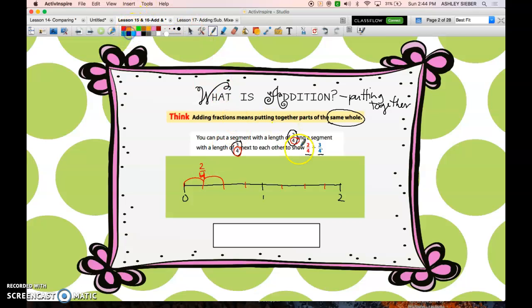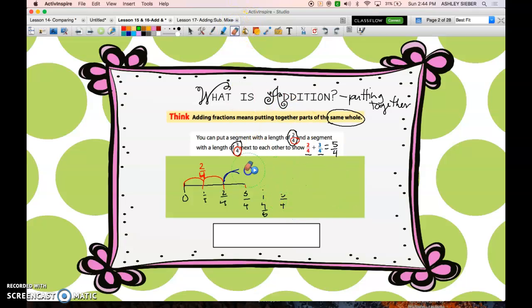Then I'm going to jump 3/4. 1, 2, 3/4. This part represents 3/4. So 2/4 and 3/4 all together, I can just count my fractional parts. This is 1/4, this is 2/4, 3/4, 1 whole makes 4/4, and where I landed was 5/4. So 2/4 plus 3/4 equals 5/4.